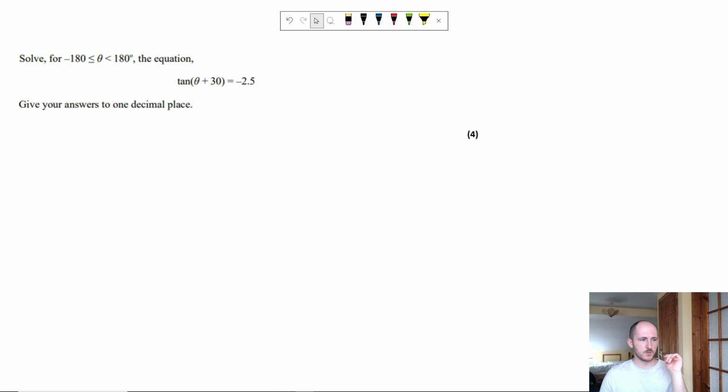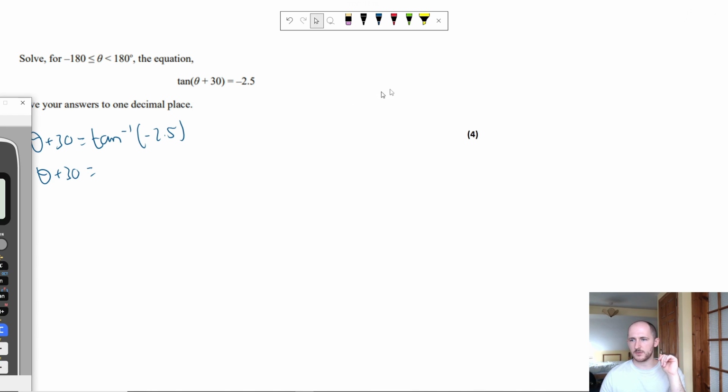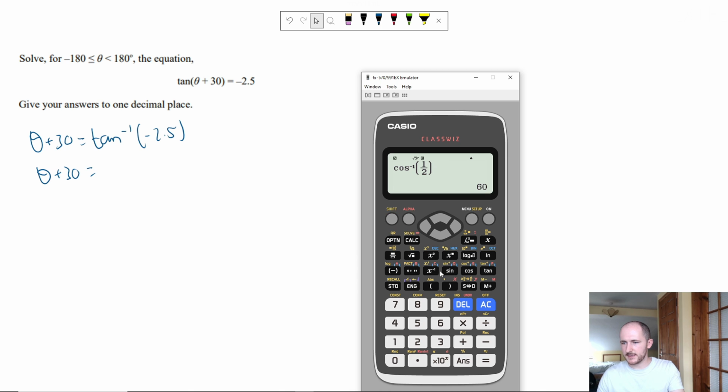So let's say I was working this out for the first time. I would say theta plus 30 equals the tan inverse of negative 2.5, right? That's fine. And I'd work it out just as per usual. So shift tan, negative 2.5.